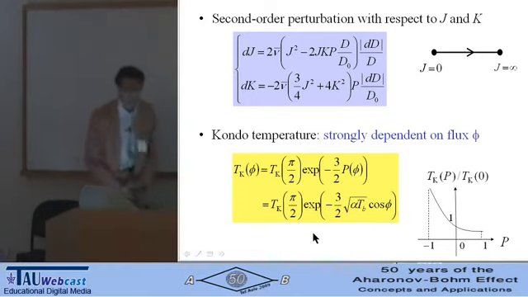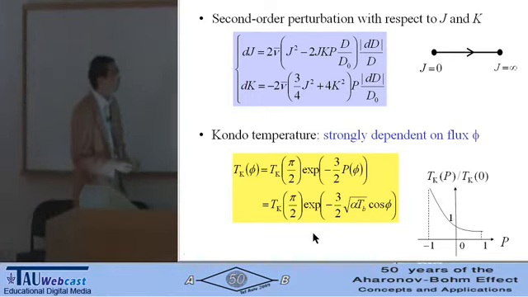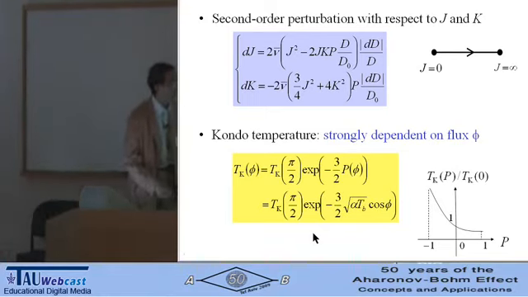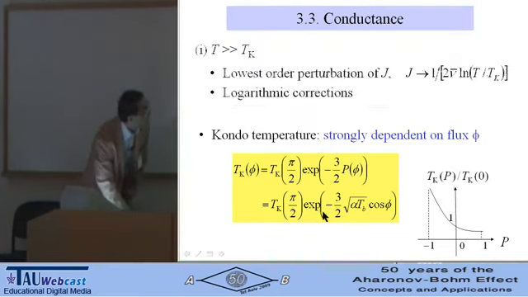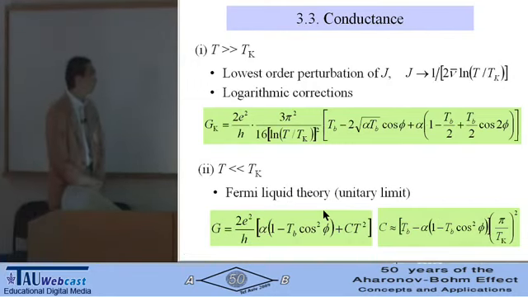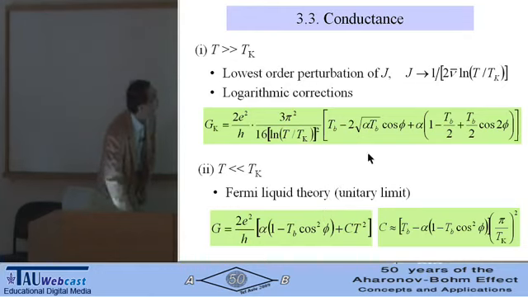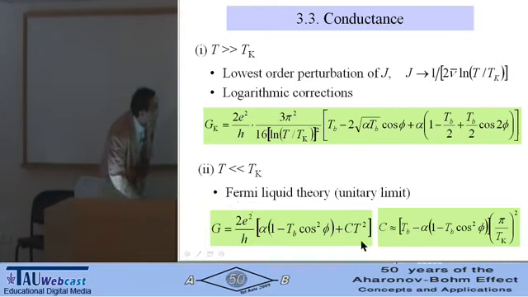So this is our final result. The Kondo temperature is strongly dependent on the magnetic flux phi. And conductance can be calculated in the conventional way. At high temperatures, we obtain logarithmic corrections, and at low temperatures, Fermi liquid theory yields the unitary limit and its corrections.